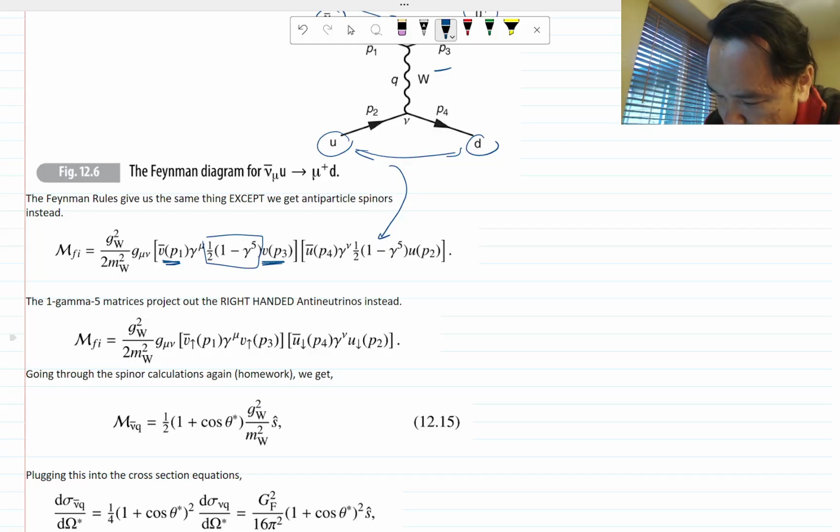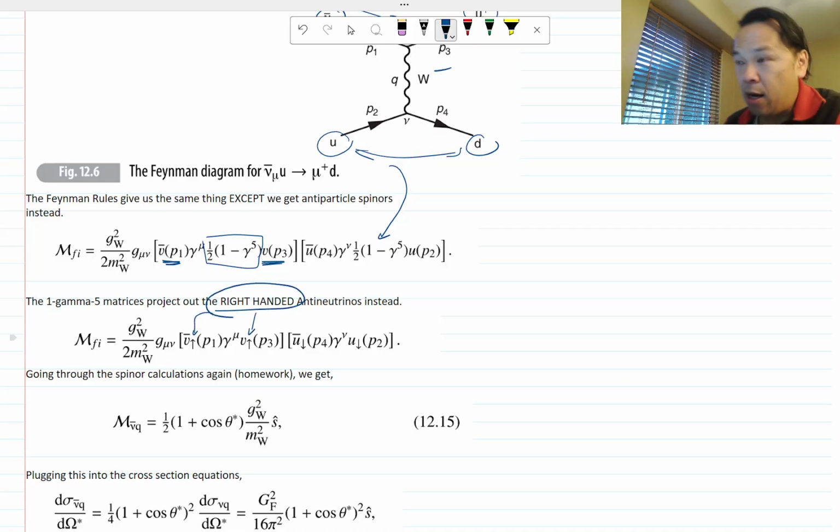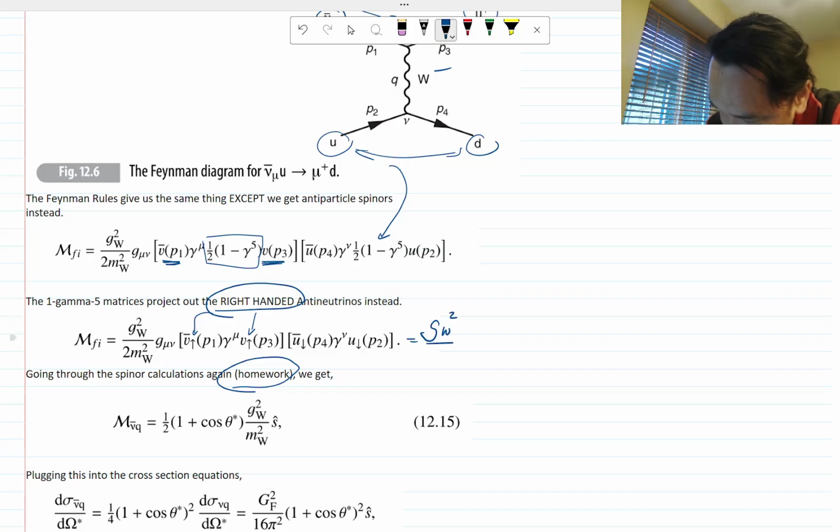So what's going to happen is that you're going to get the right-handed, or helicity up, version of this in the relativistic limit. We're going to do this multiplication in the homework because it's a little bit interesting. So this is basically going to be G_W squared over m_W squared.